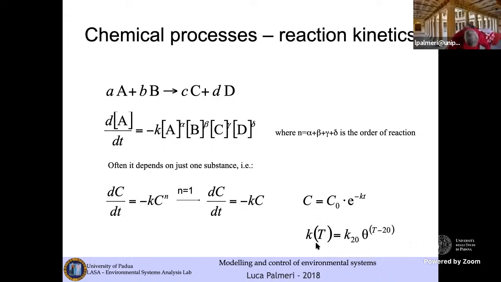So the value of the chemical equilibrium constant at temperature T is equal to the value of the chemical equilibrium constant at temperature 20 Celsius degrees times theta elevated to the difference T minus 20. I assume that you already know this classical Arrhenius model that describes the dependence of reaction constants K on temperature.